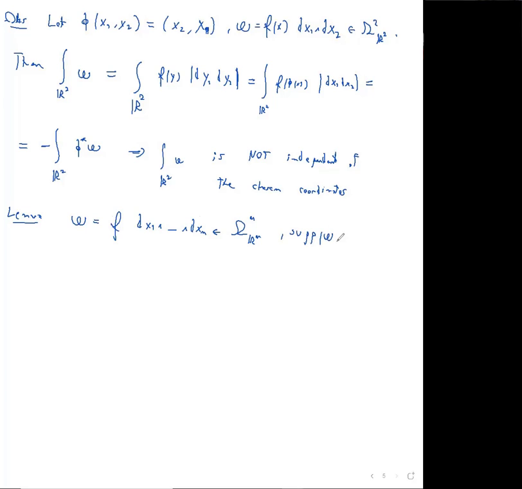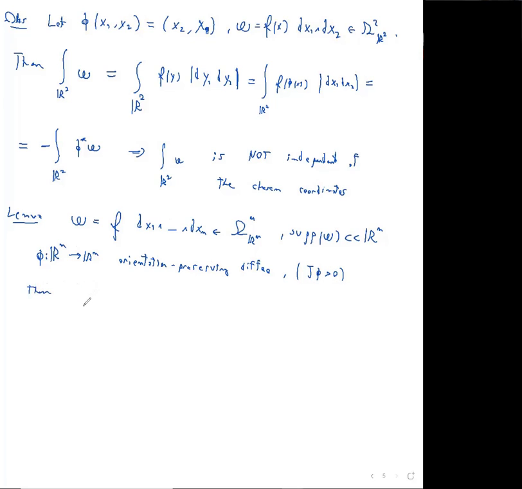So let's take something with compact support. And for a form to have compact support, it means that this f has compact support. Then we take phi from Rn into Rn, orientation preserving, which means, again, that the Jacobian of phi is positive everywhere.